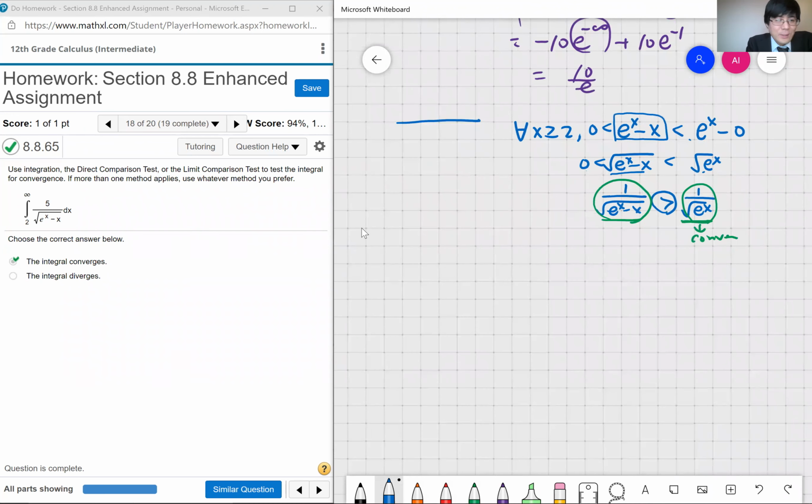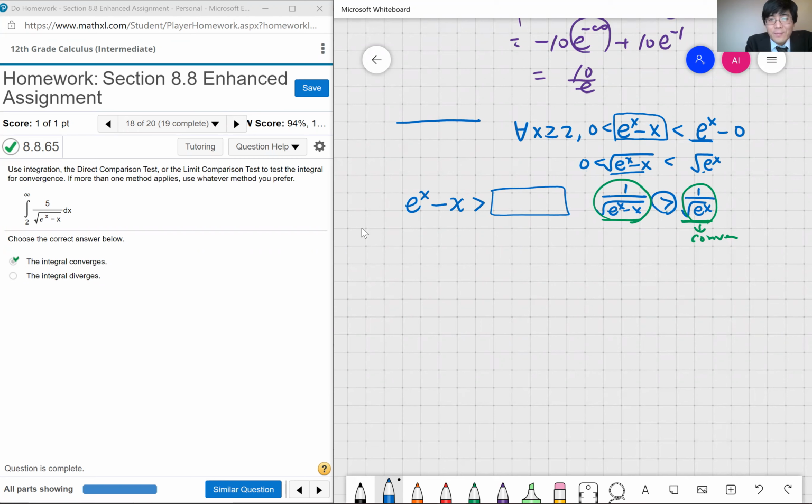So what we can come up with, one thing we can use is maybe just divide this one by 2 or 3 or something. So e to the x minus x, we wanted that to be greater than something that can be easy to integrate.